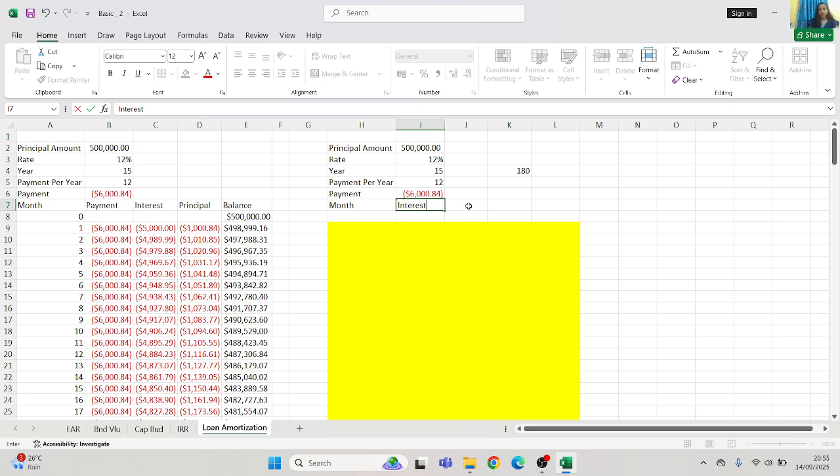Then we select cell J7 and write principal.